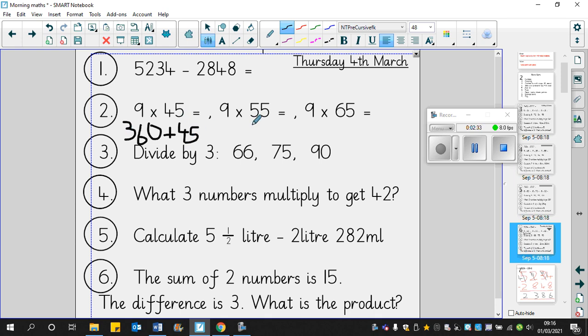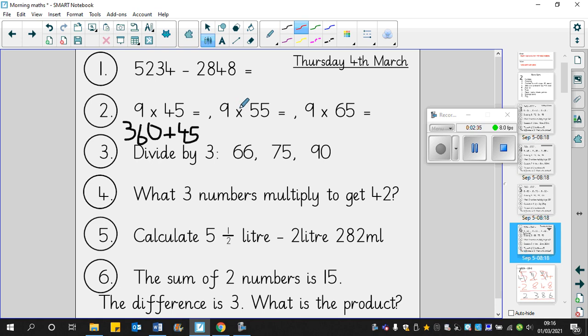On to the next example, 9 times 55. Well, 9 times 50 is of course 450, and then 9 times 5 is 45. So the answer to the question 9 times 55 is 495.